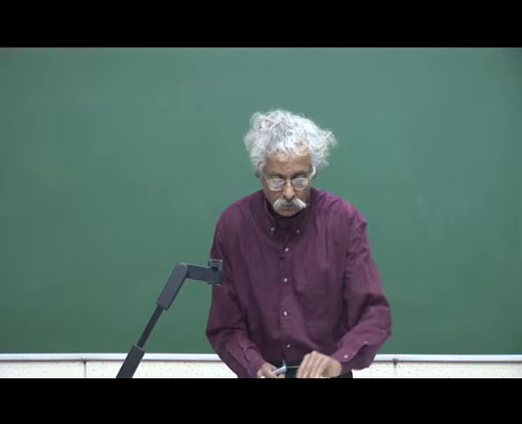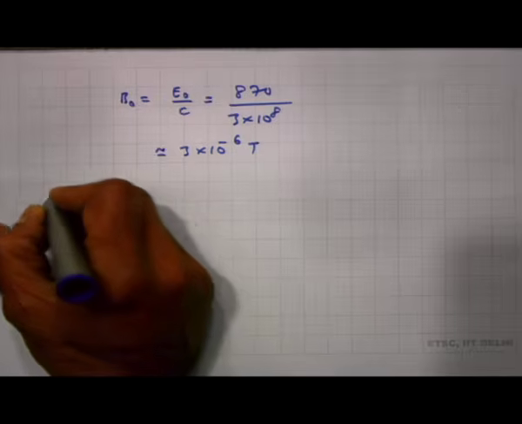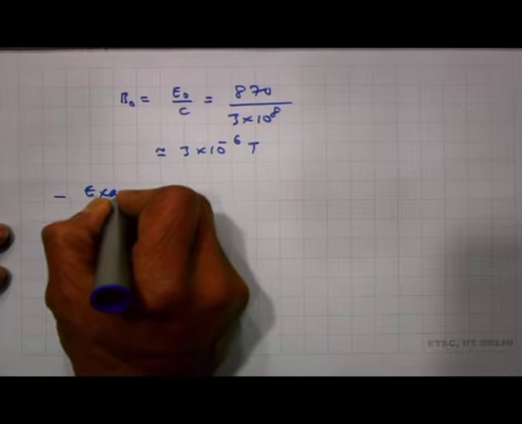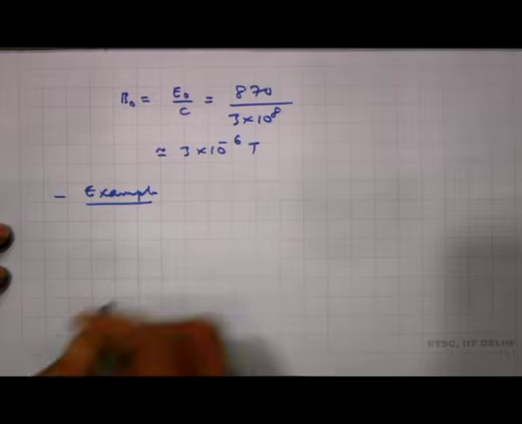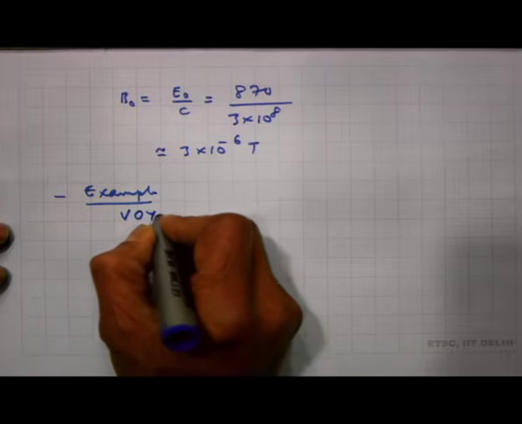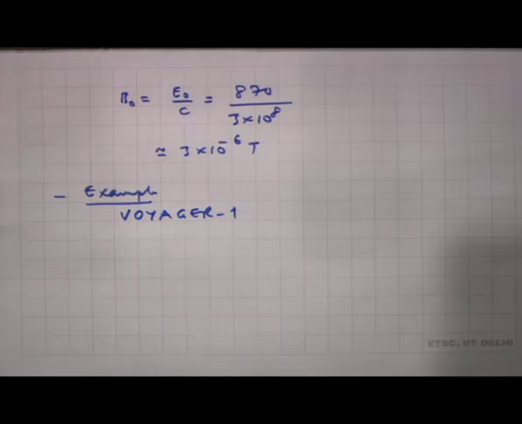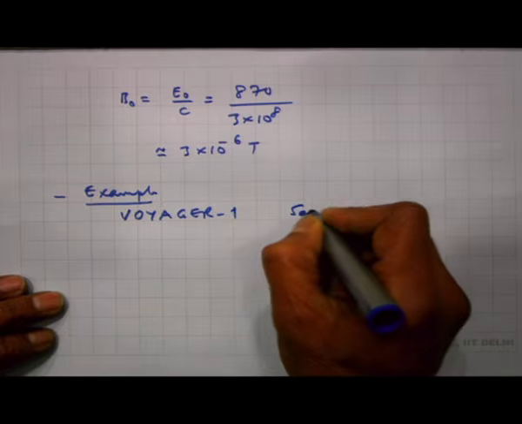Let me take another example. There was a satellite launched in September 1977, called Voyager 1.